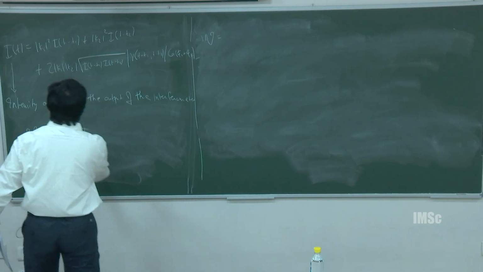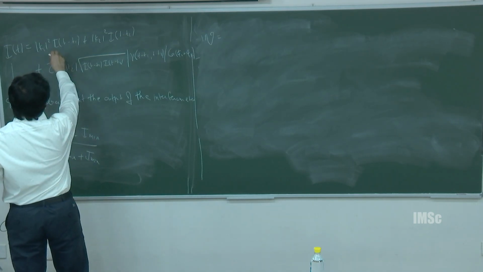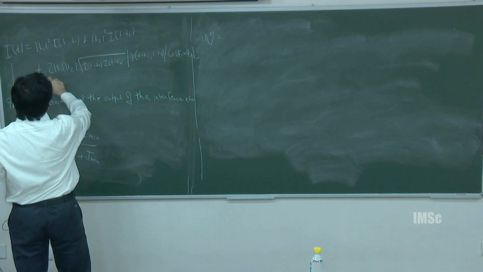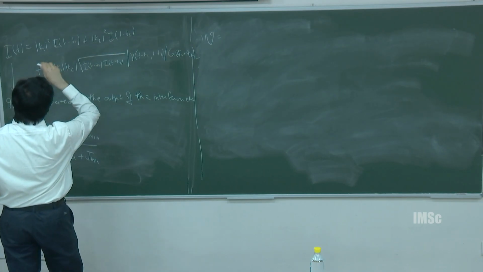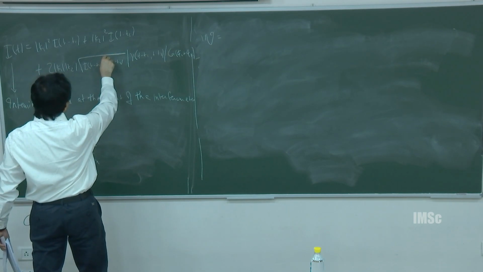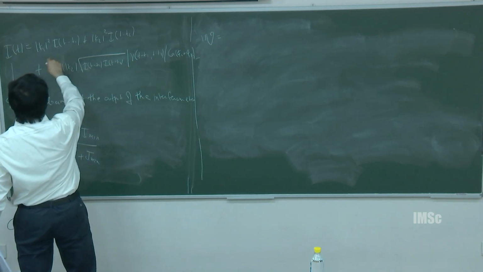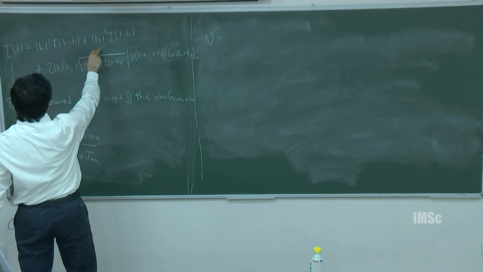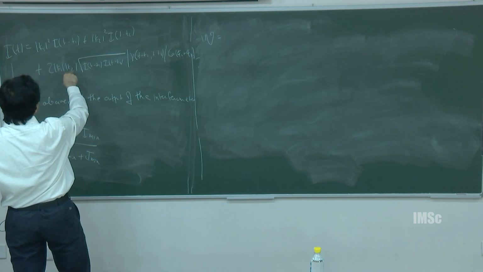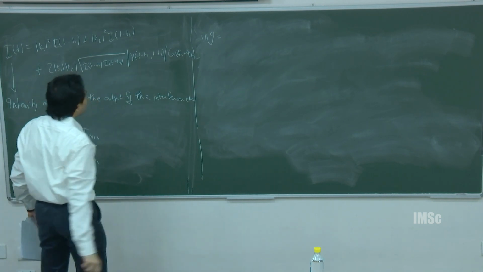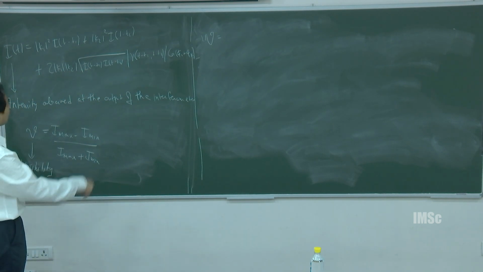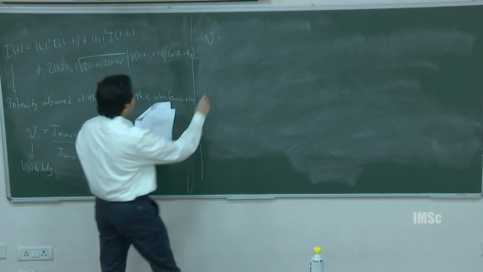So from this definition, I max is just the sum of these two terms plus 2 k1 k2 times this term, and I min is mod k1 squared plus mod k2 squared minus 2 k1 k2 times whatever, because for I min cos is -1, for I max cos is +1.